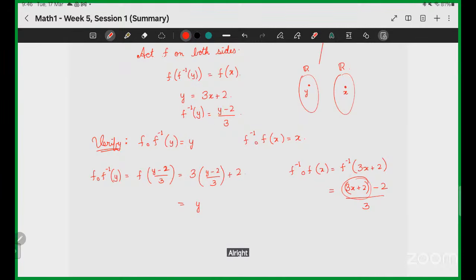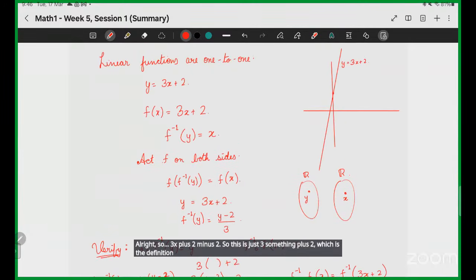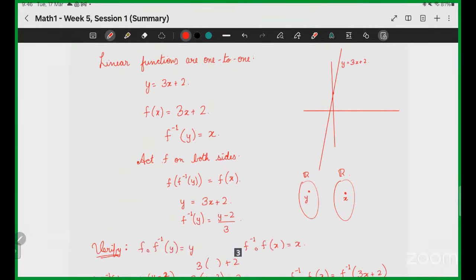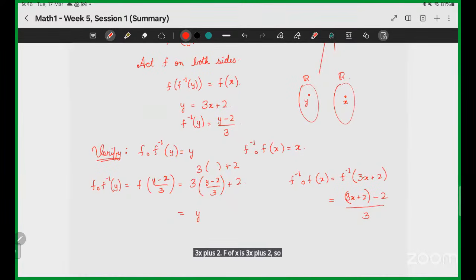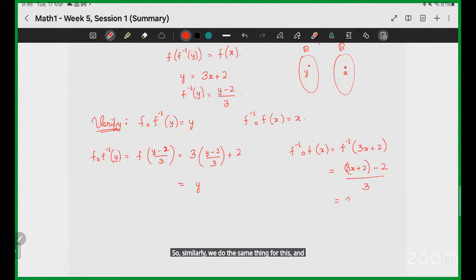So 3x plus 2 minus 2, all over 3. So f of y minus 2 by 3 is 3 times y minus 2 by 3 plus 2. Similarly, we do the same thing for this, and what you get is x. So f inverse of y is y minus 2 by 3. This is the conclusion.